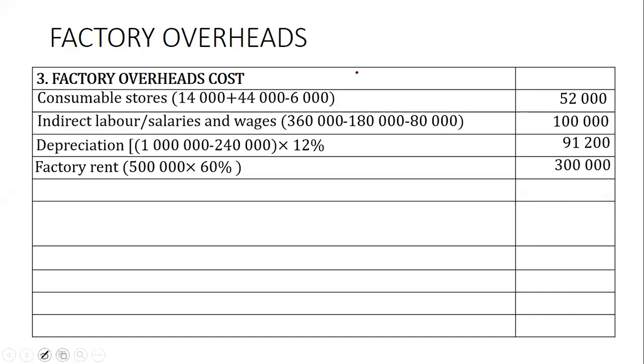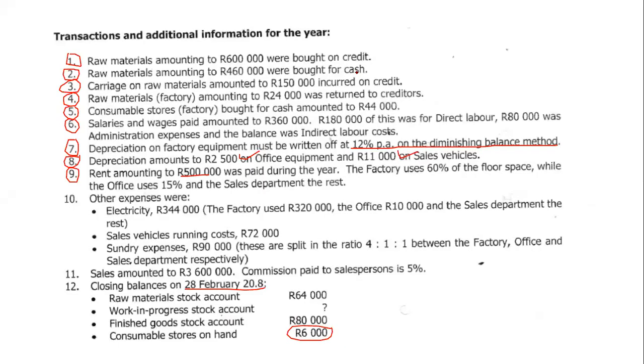Please tell me about the rest. What do we do? The rest, 15% goes to admin. And how do you calculate that? It's 500,000 times 15%, and that will go to admin. How much is that? 75,000.